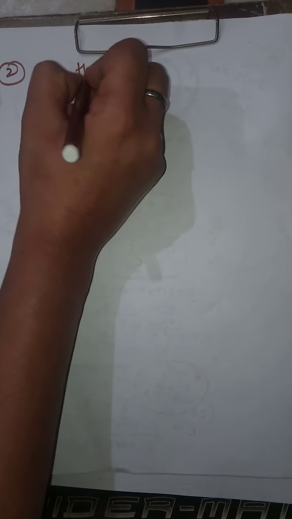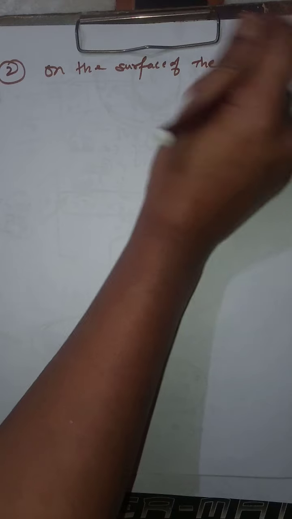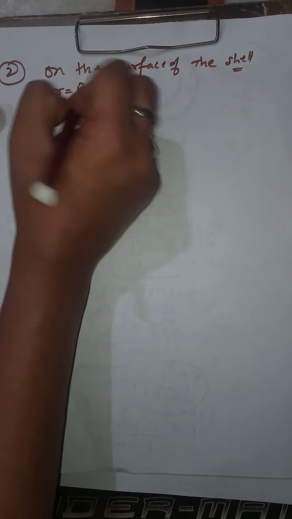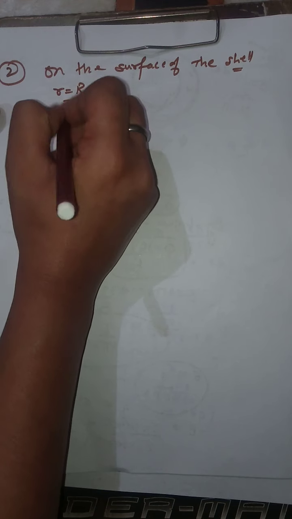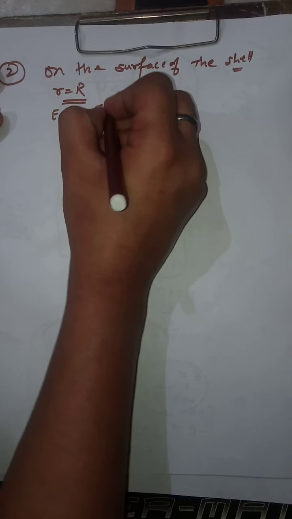The second case is on the surface of the shell, which means small r is equal to capital R. The value of electric field which we obtained earlier in our first case is this one.